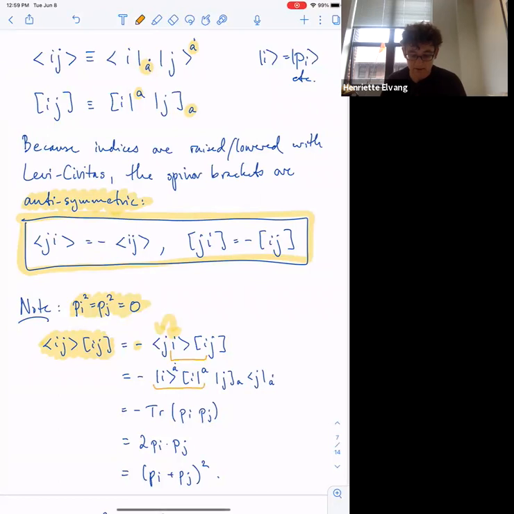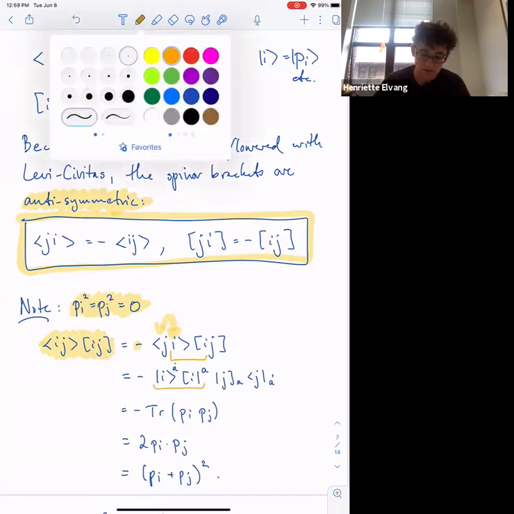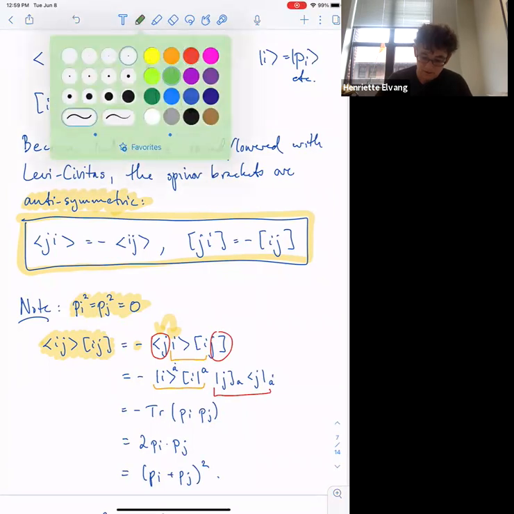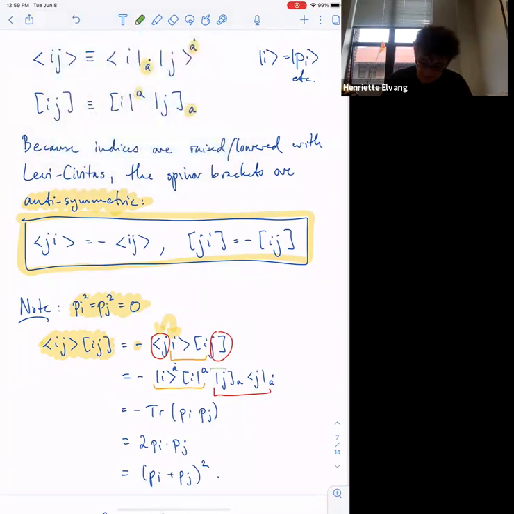So that part here is p_i. And these spinors are commuting, so I can rearrange them without any cost of signs. I can also pick up my j angle and my j square and put those together into a p_j. And then we see that the indices are nicely contracted the way you would do matrix multiplication. So this whole thing is nothing but the trace of the 2 by 2 matrices p_i multiplied with p_j.